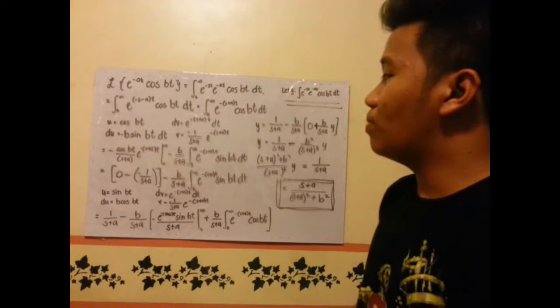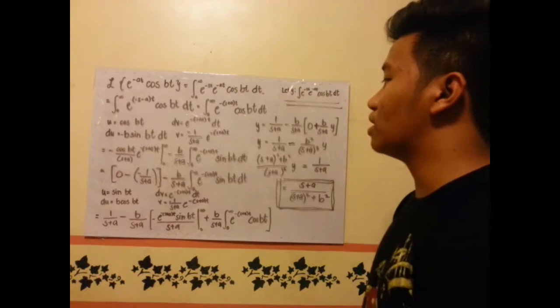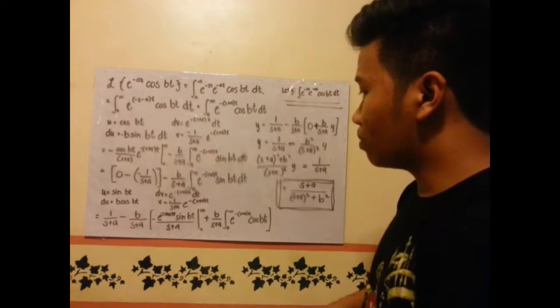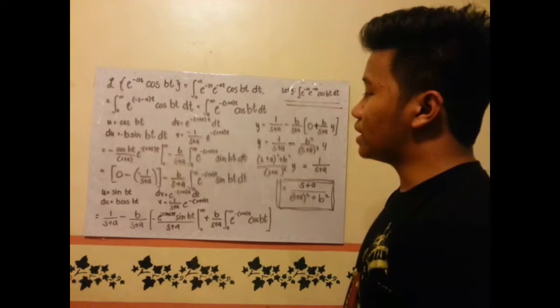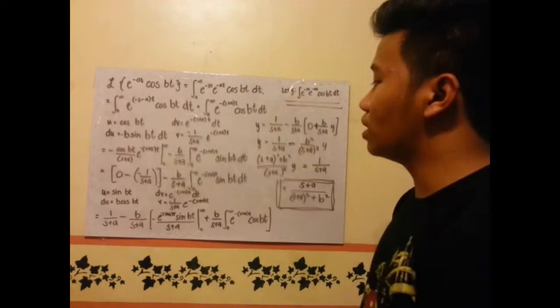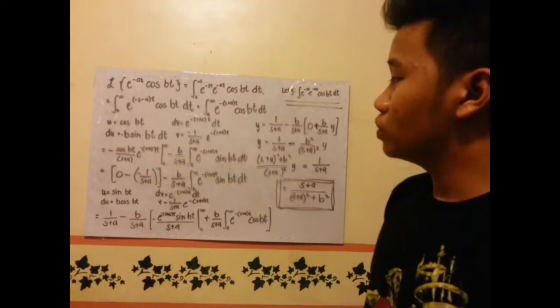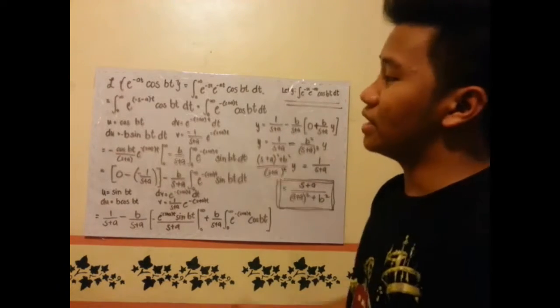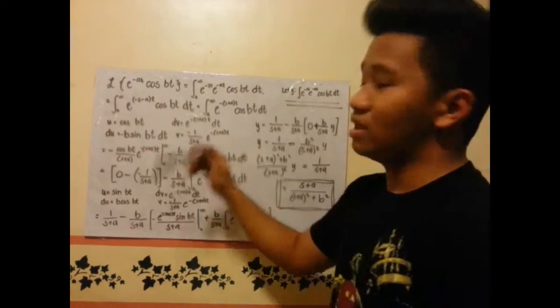Our dv is equivalent to e raised to negative parenthesis s plus a parenthesis t dt. So v will be equal to negative 1 over s plus a multiplied by e raised to negative parenthesis s plus a t.